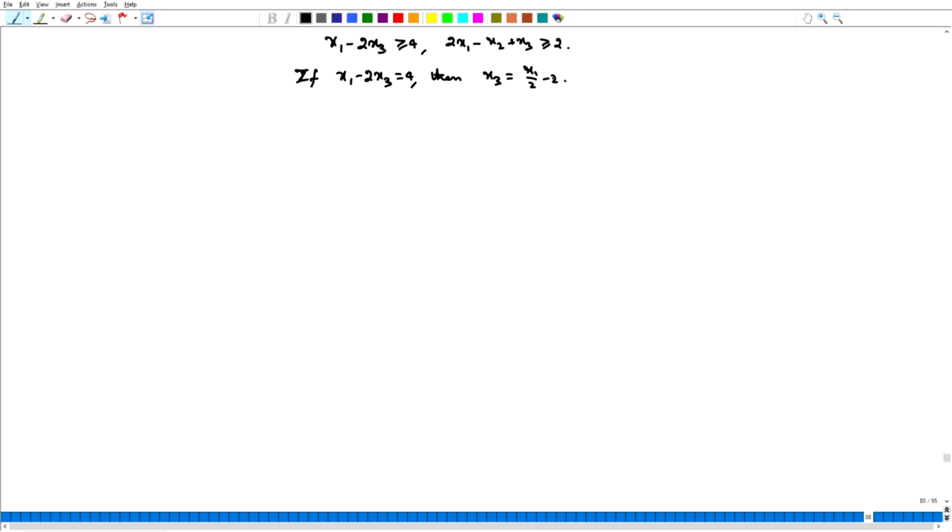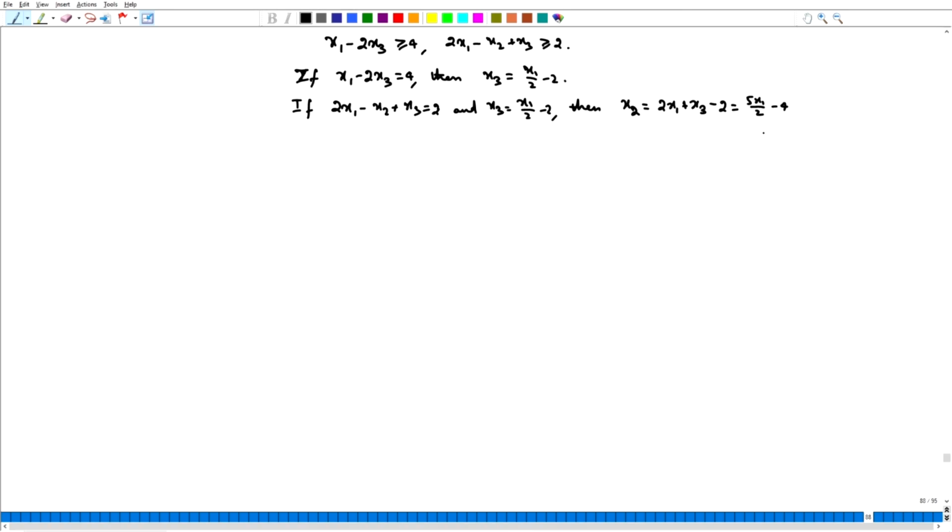Now, similarly, if 2x1 minus x2 plus x3 equal to 2 and x3 equal to x1 by 2 minus 2, then x2 equals 2x1 minus x3 minus 2. I brought x2 here and 2 here, there will be a plus, I am sorry, but x3 is x1 by 2 minus 2, right. So, this will become 5x1 by 2 minus 4.